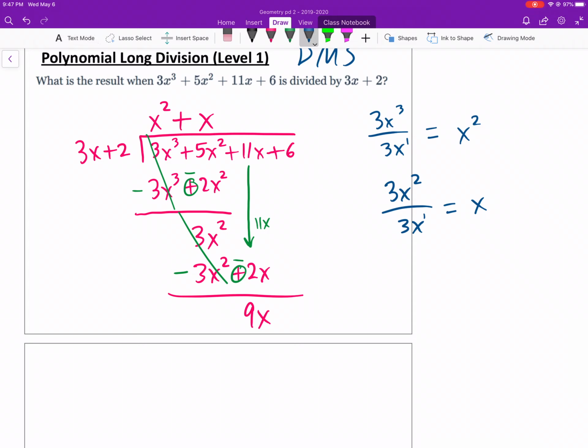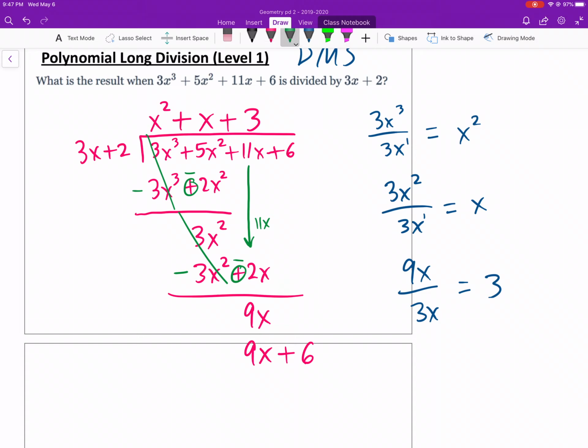Alright, first term again, or what resulted there was 9x. Now divide that by the first term, which was 3x. 9x divided by 3x is just 3. Throw that up top. Now multiply 3 by everything on the outside. 3 times 3x is 9x. 3 times 2 is 6.